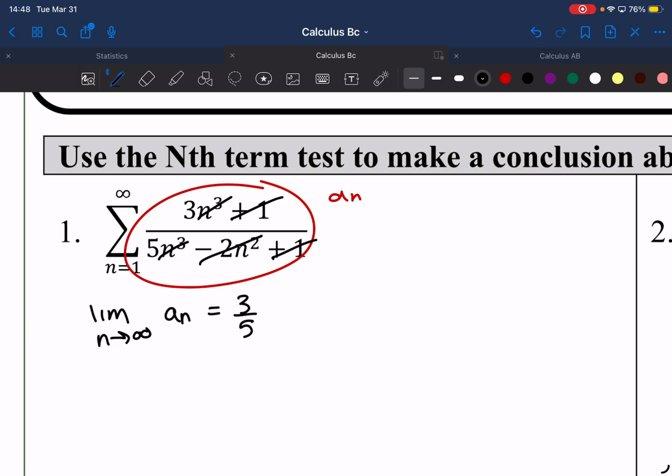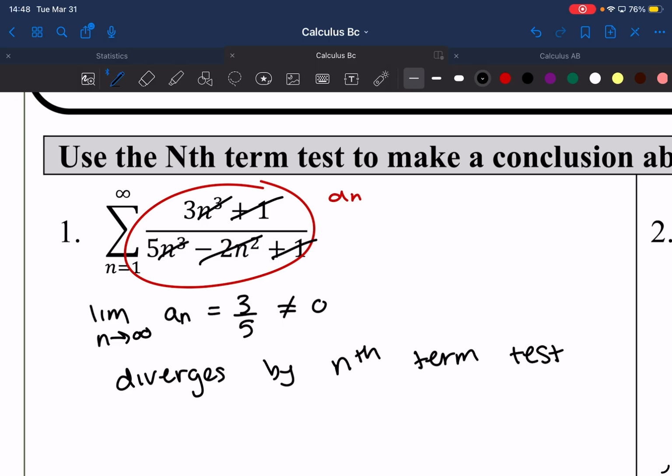Since 3 over 5 is not equal to 0, we can say that this diverges by the nth term test. This statement at the end is our justification.